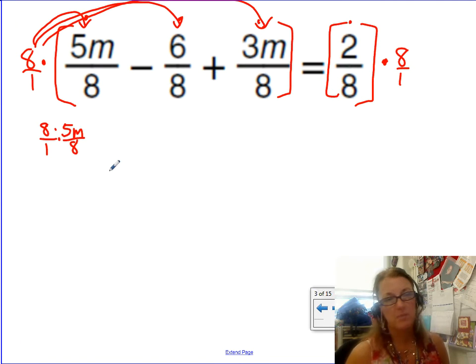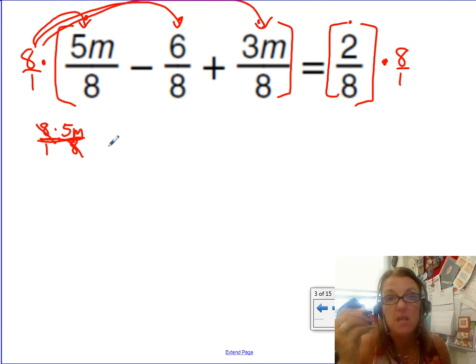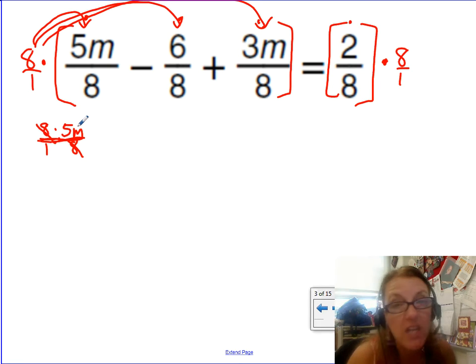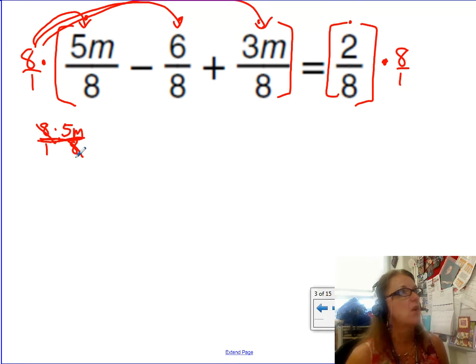Okay, when I multiply these, and when we talked about multiplying fractions, I said, yeah, we make the big Uberfraction. And then you can either multiply or you can simplify if you have the same thing in the numerator and the denominator. Meaning this 8 in the numerator is wiping out, clearing out the 8 in the denominator.